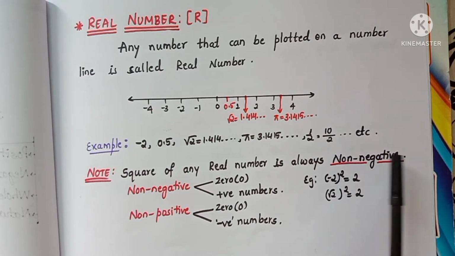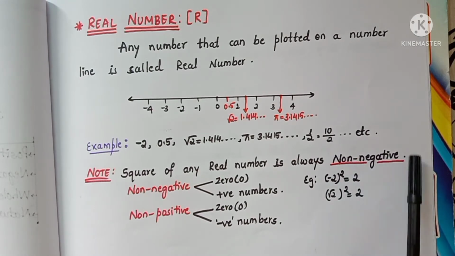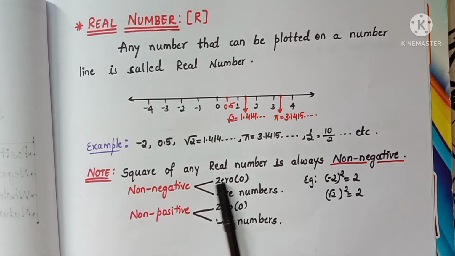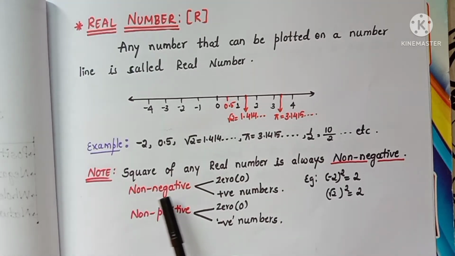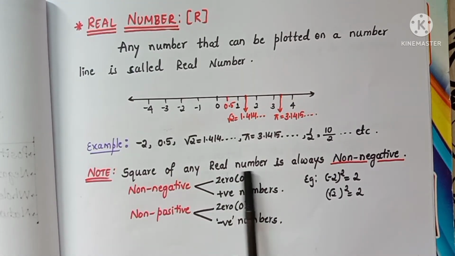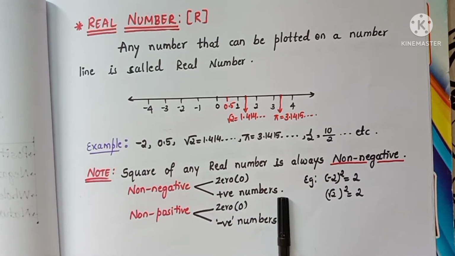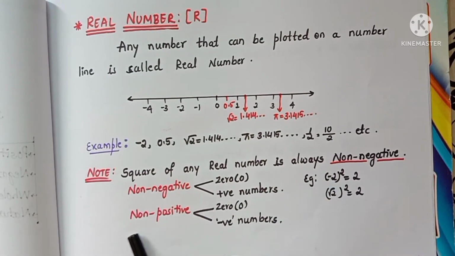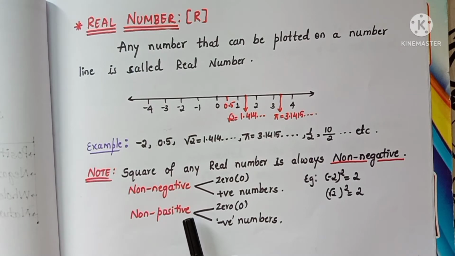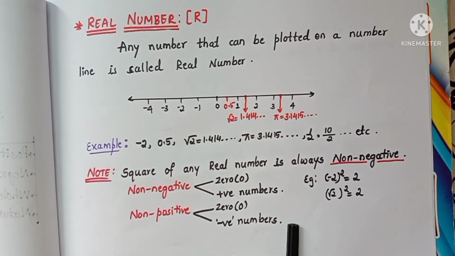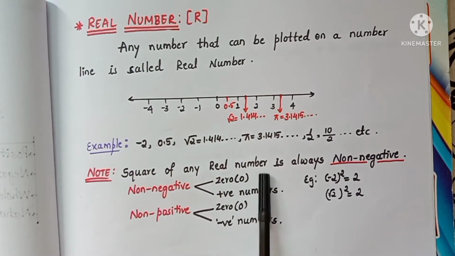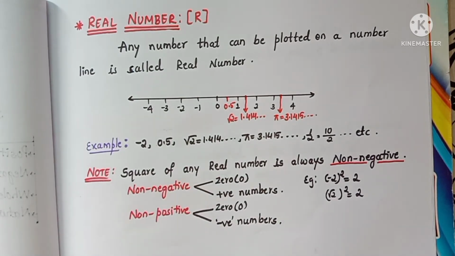Because non-negative includes 0 also. So non-negative means it includes 0 and positive numbers. Similarly, non-positive means it is a negative number, but it includes 0 also. So non-positive means it includes 0 and negative numbers.